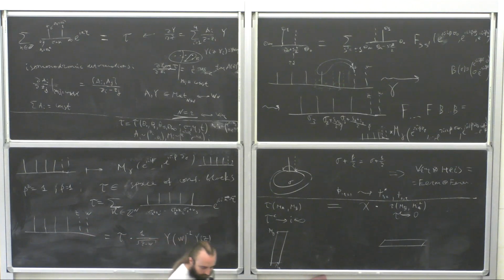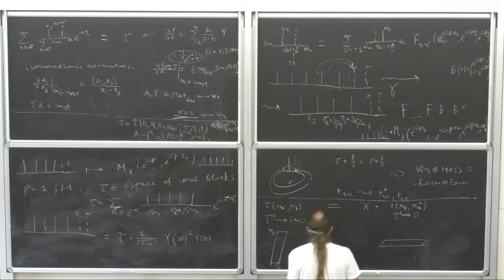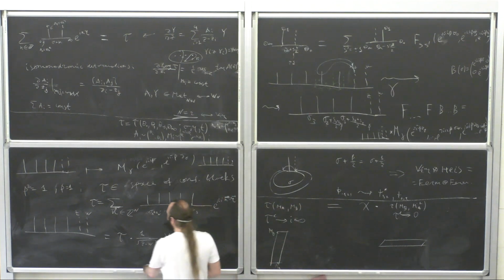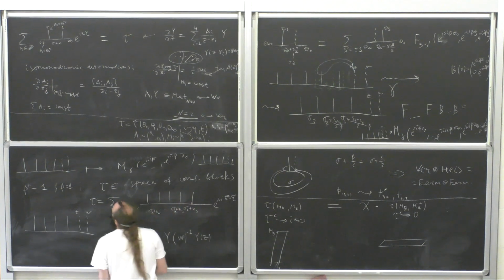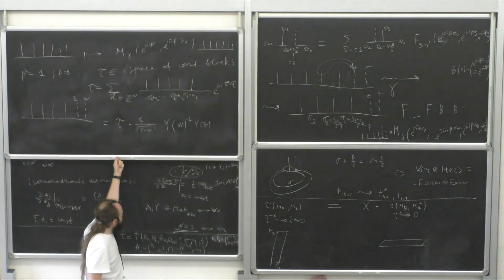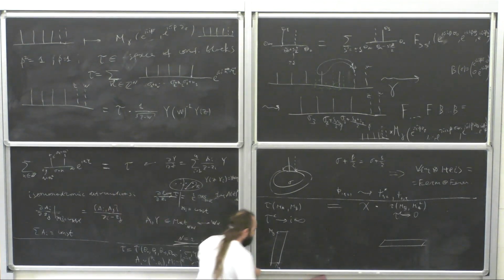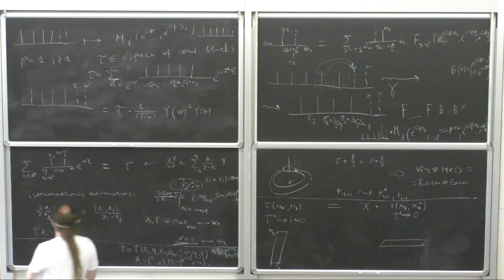So the idea is the following. Maybe I can write this formula. Here we had the definition of the tau function by its derivatives, but we can also check that there is a formula of this kind.